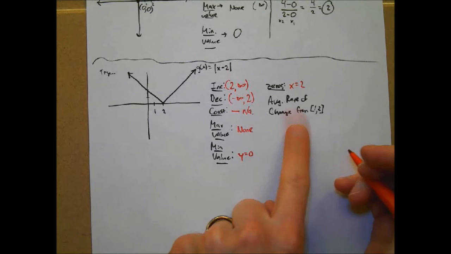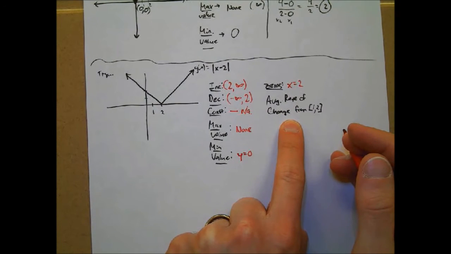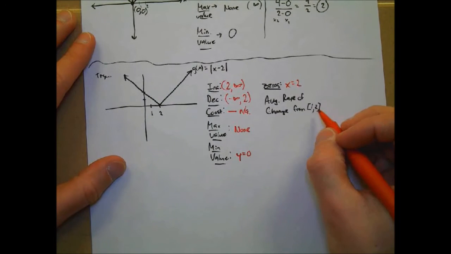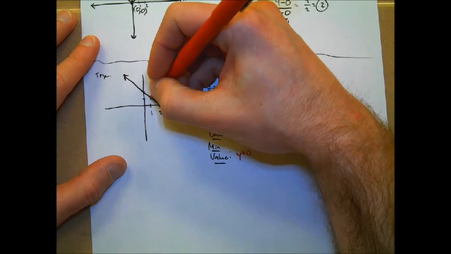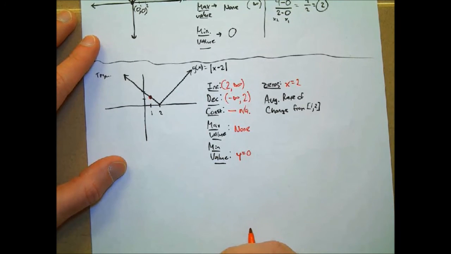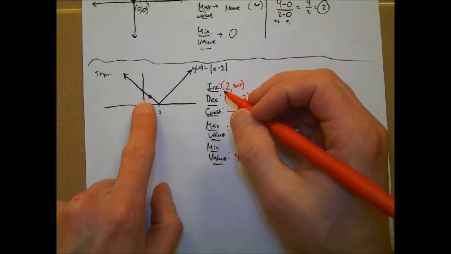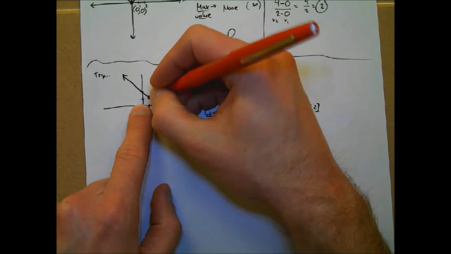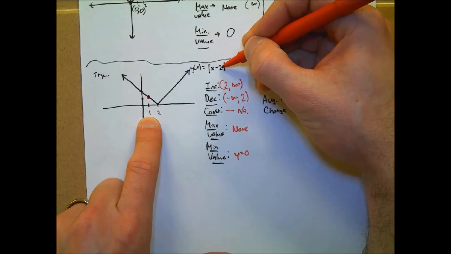AJ, were you able to come up with the slope, the average rate of change from 1 to 2? Let's take a look. At the x-coordinate of 1, this is our point on the function. What's the matching y-coordinate? If you plug 1 in, 1 minus 2 is negative 1. The absolute value of negative 1 is positive 1.